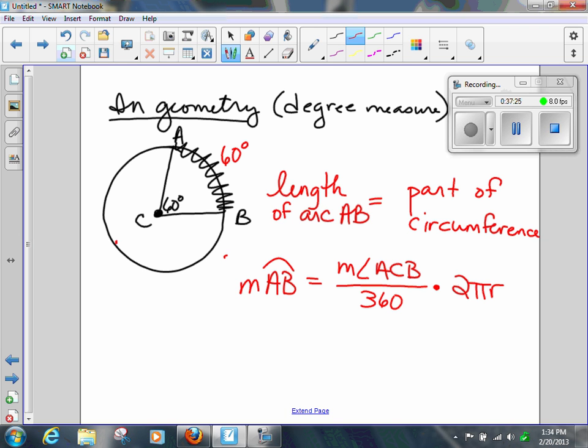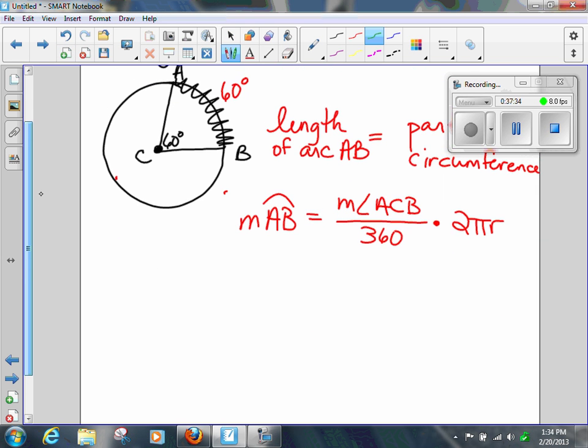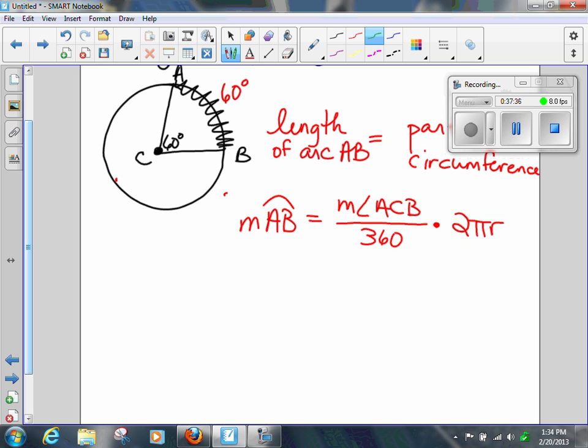Okay. All right. Now, where do these pieces come from? The measure of that arc AB is the measure of the central angle divided by 360 times 2 pi r.